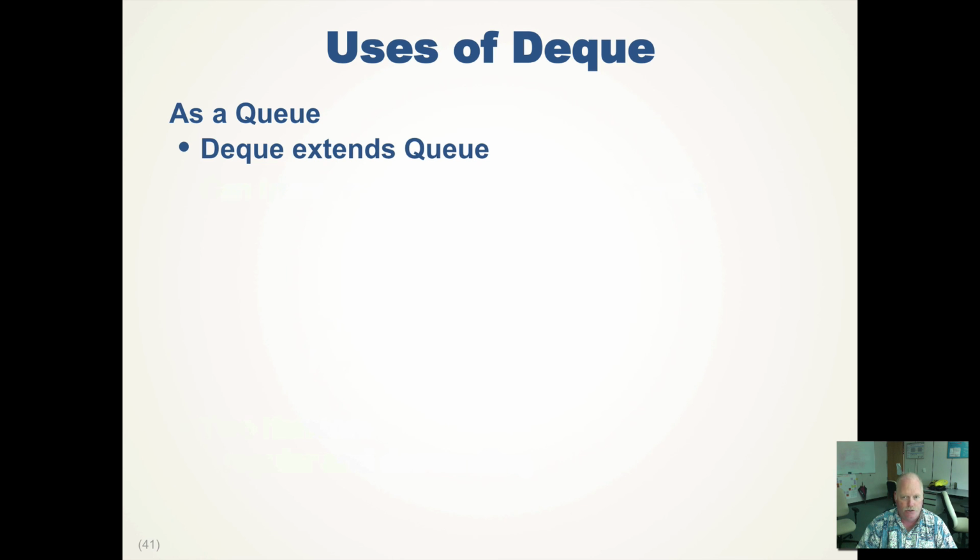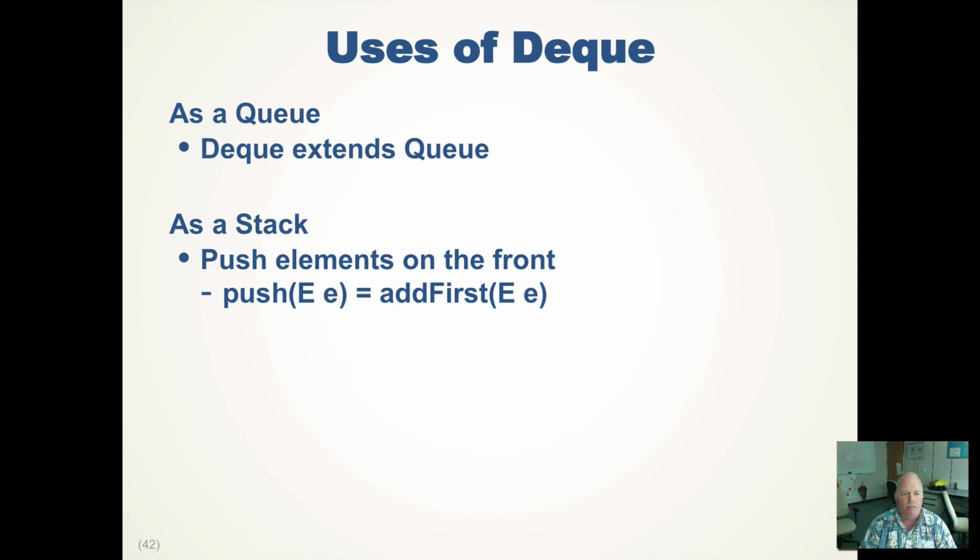As a queue, you could use a deck as a queue. Just do adding at the rear, or remove from the front. You just do half of it. But you can also use a deck as a stack, where you pick one end. So let's say I want to do a push.